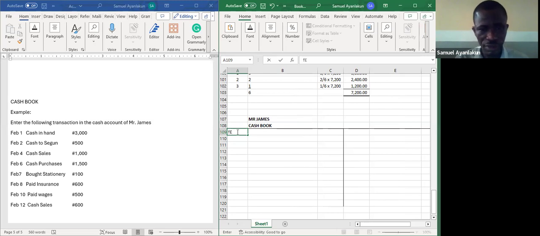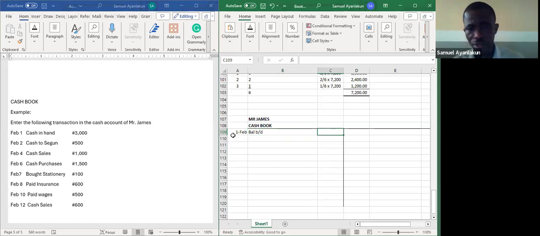So you have your balance brought down. You can see balance brought forward, balance brought down. So we have 3,000 naira as the balance brought forward.